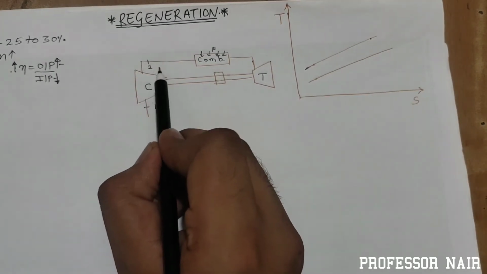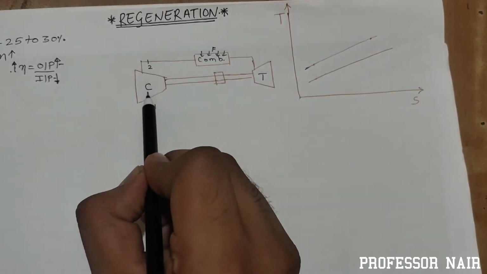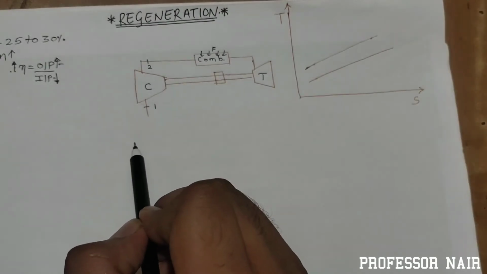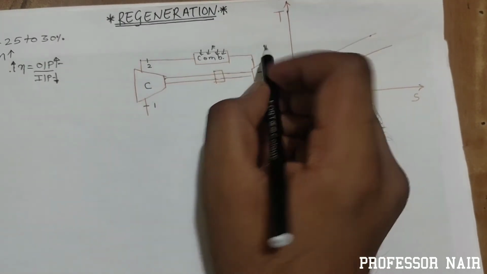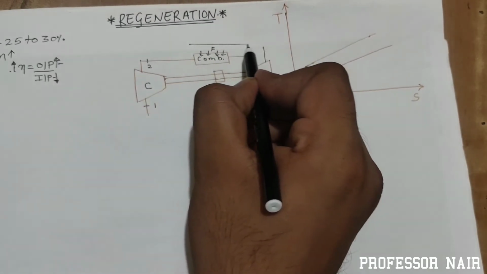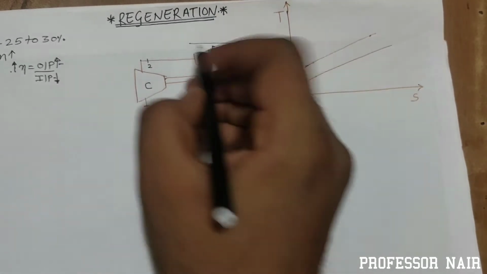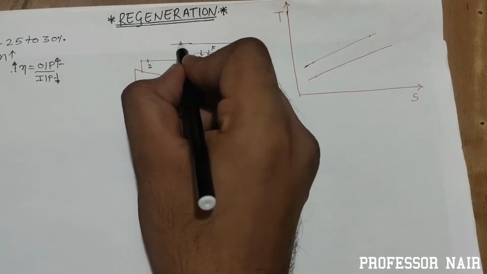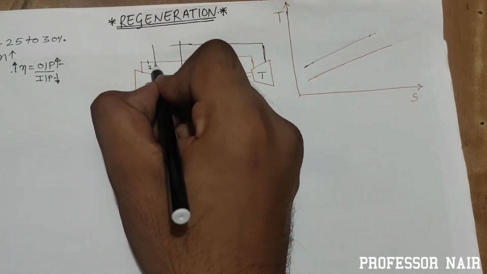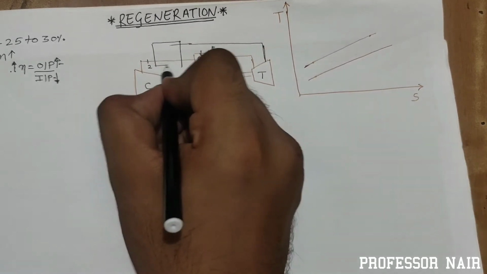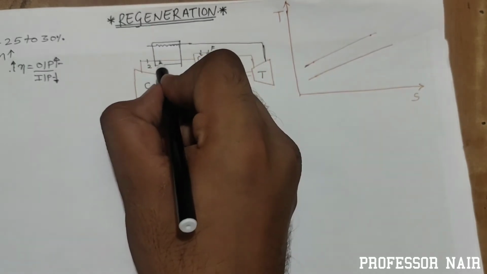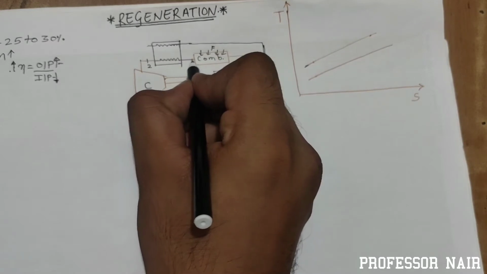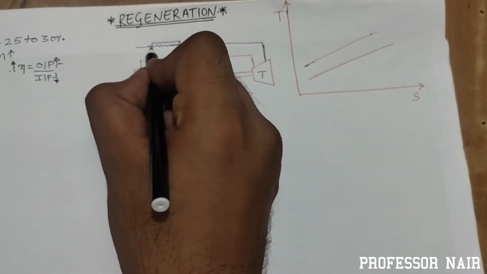So how can I heat this temperature T2 which is leaving the compressor? So yes, what we can do is the exhaust of the turbine, right? The exhaust of the turbine we can pass through a heat exchanger. So what will the heat exchanger do? The heat exchanger will exchange the heat from the exhaust gas, right?